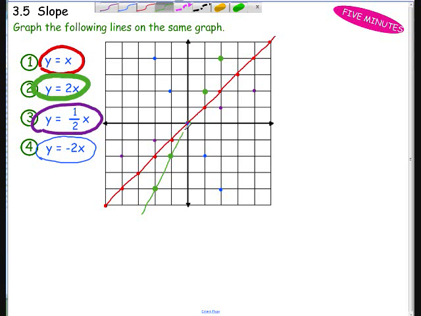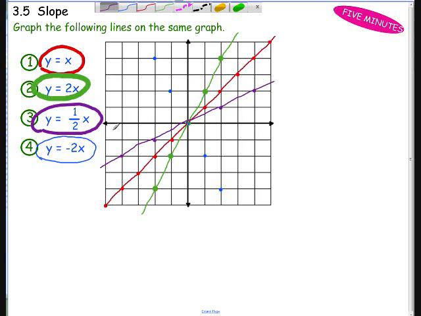The slope is doubled, isn't it? We go up twice as fast as we did with the parent graph. And in this one, what happened to the slope? It's much more shallow. We go up half as fast as we did with the parent graph.